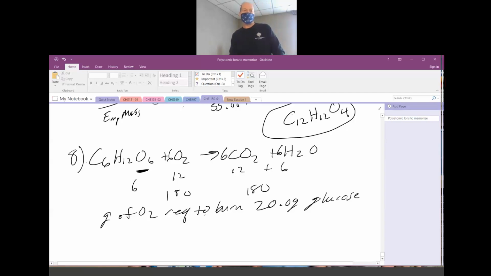That's the reason why you have a balanced chemical reaction. 1 mole of glucose reacts with 6 moles of oxygen gas to produce 6 moles of carbon dioxide and 6 moles of water. So to use this balanced chemical reaction, we have to work in moles. And so you take your 20 grams of glucose and convert it to moles.